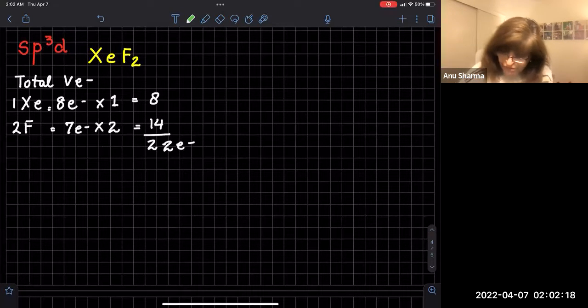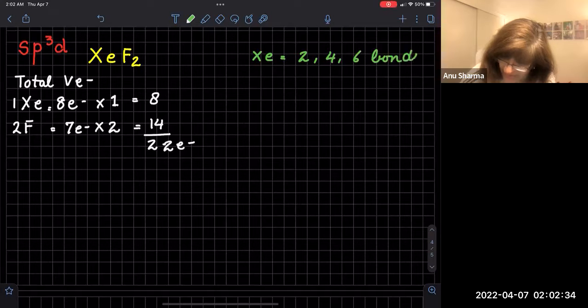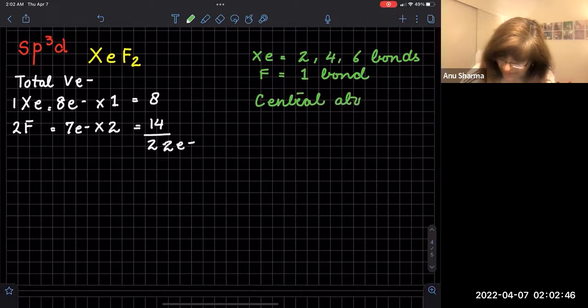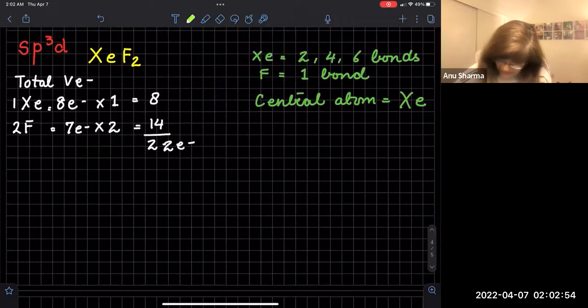Fluorine, on the other hand, will only make 1 bond. Therefore, xenon is going to be in the center. So the central atom is xenon.